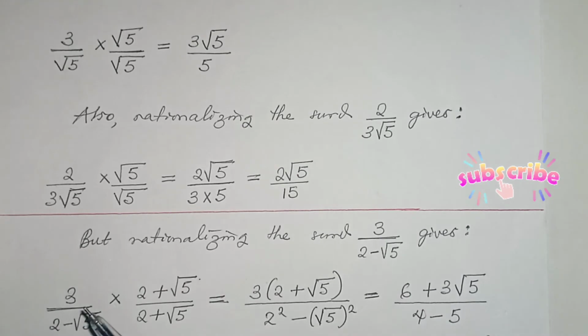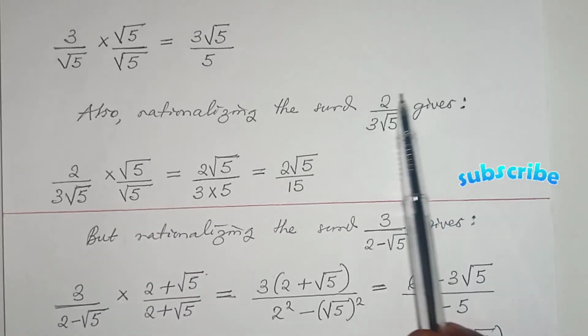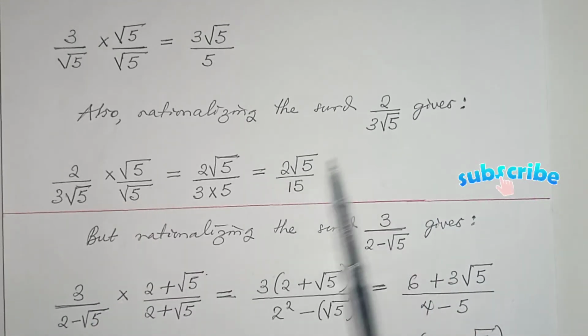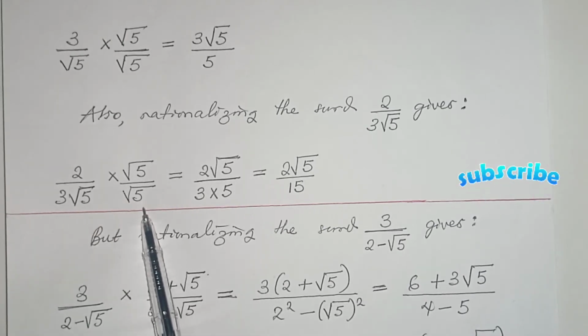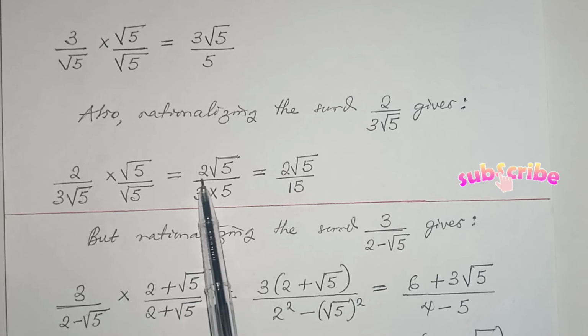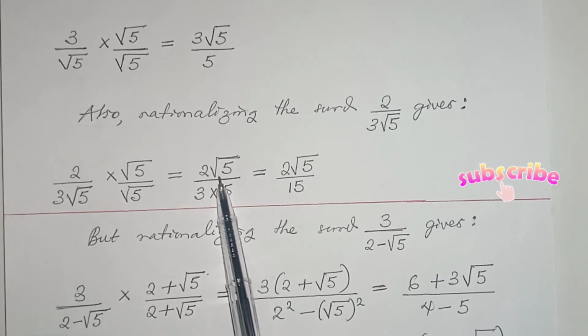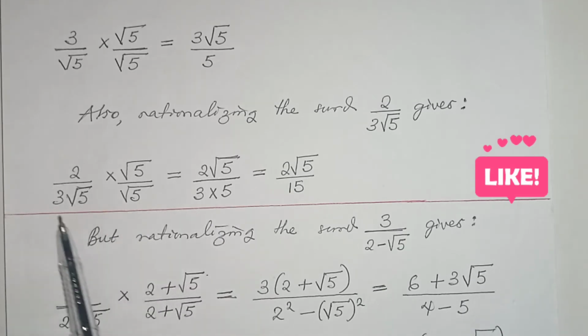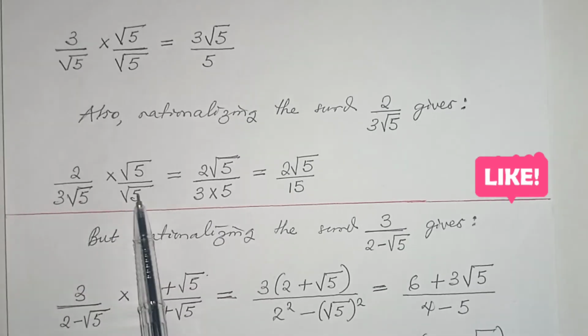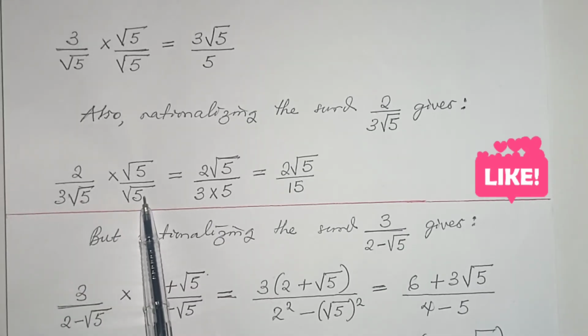Okay, so to get that surd, 2 over 3 root 5 rationalized, all I have to do is to multiply the numerator and denominator by root 5, and that simply gives 2 root 5 in the numerator and 3 times 5. Now, how did I get 3 times 5? That is root 5 times root 5, like we explained earlier, gives 5.